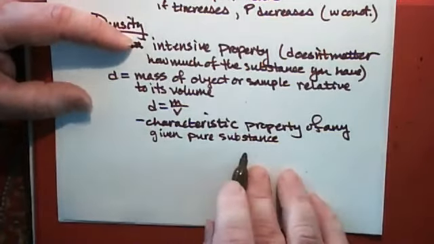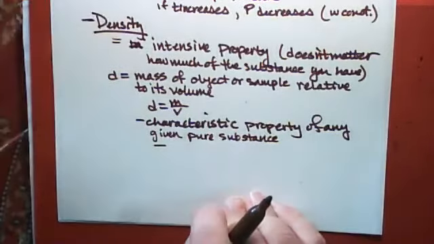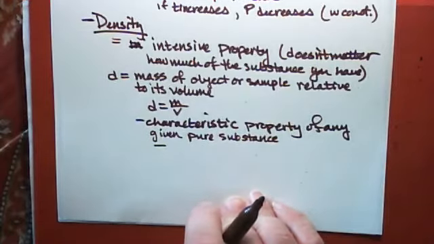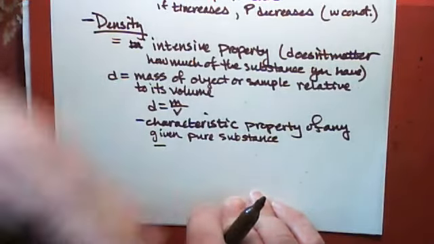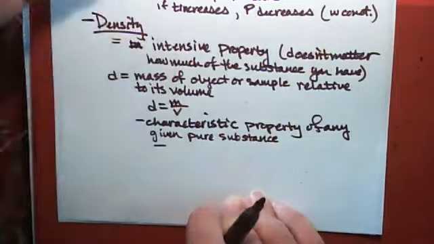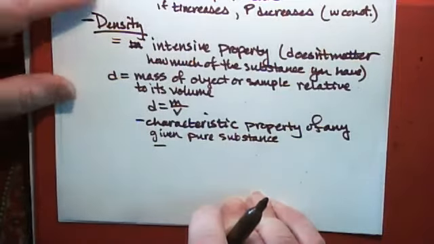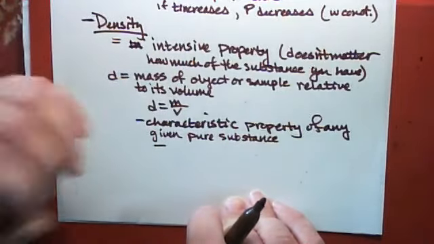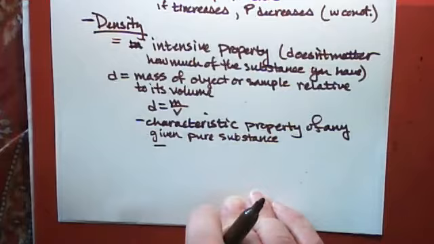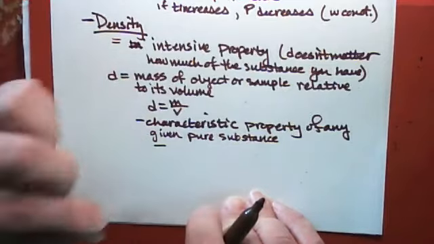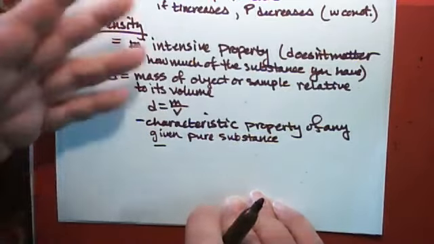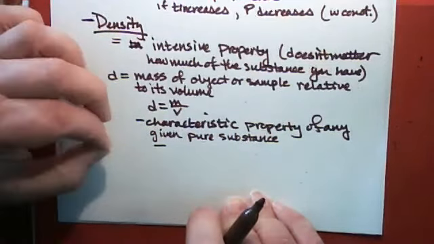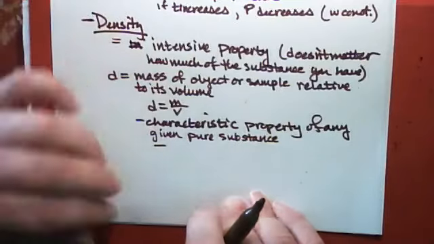But the point is, what we mean by characteristic property is that the density always goes with that substance. Density is uniquely associated with that substance, and vice versa. So water has its own particular density. And as long as it's pure water, it will always have that density at a given temperature anyway, no matter where that water came from.